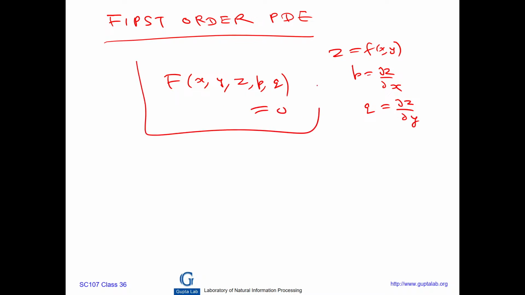This is the first order differential equation, most general form, right? x and y are independent variables, z is a dependent variable on x and y, and we have p and q. There are different techniques known as Charpit's method and so on. I'm skipping the first order things, but rather I'll show you what is a second order differential equation.